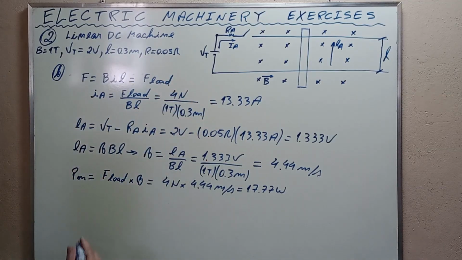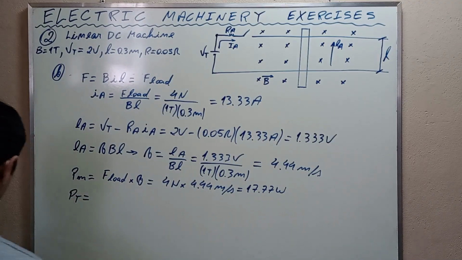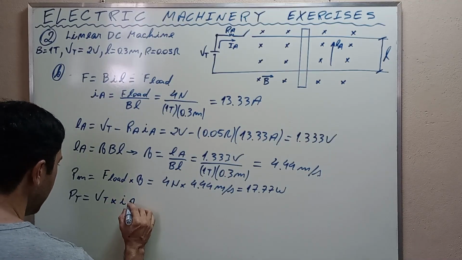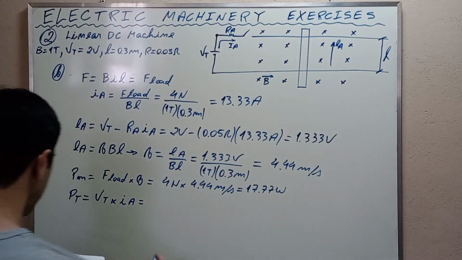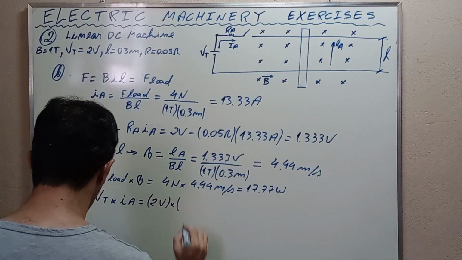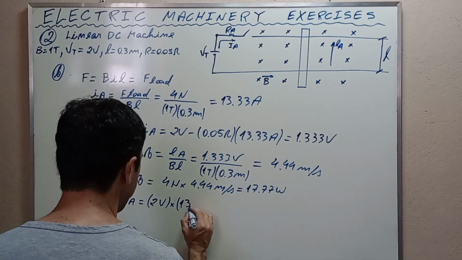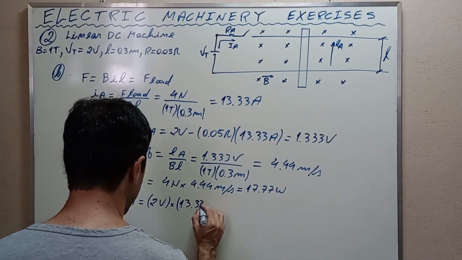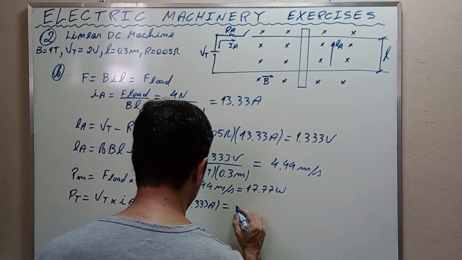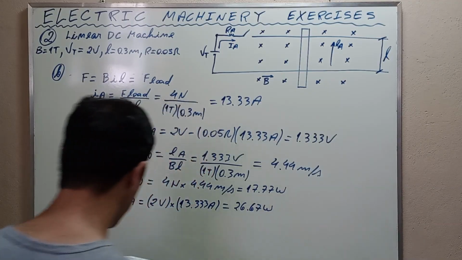Okay, and the power of the battery, PT, is going to be equal to VT times IA. VT is 2 volts, and the current IA is 13.333 amps, and this is equal to 26.67 watts.